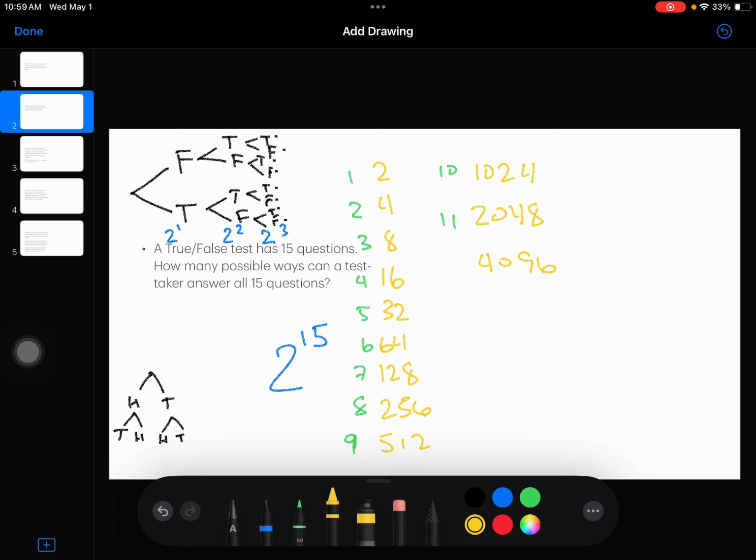4096, the next one's going to be just less than 4100 times 2, which is 8200. 8200 minus 8 is 8192. Getting up into some pretty high numbers here, which is going to increase the chance of error.